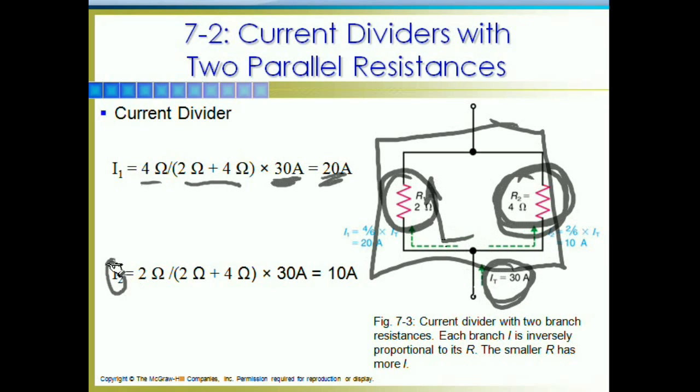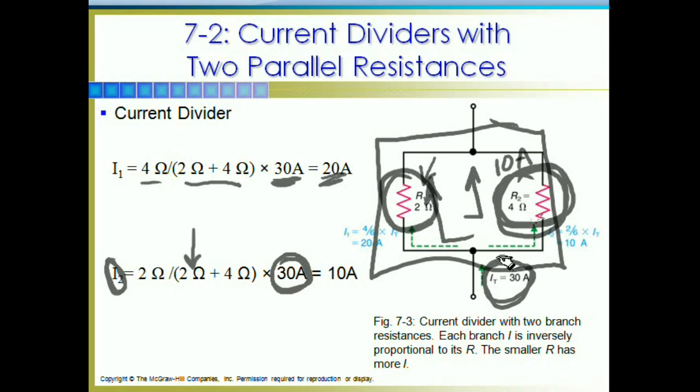To find out the current going through resistor 2, I'm going to take the value of resistor 1 and its proportionality of total resistance. So 2 ohms over 6 ohms, I'm going to end up with 1/3 times 30 amps. So my current flowing through R2 is going to be 10 amps.